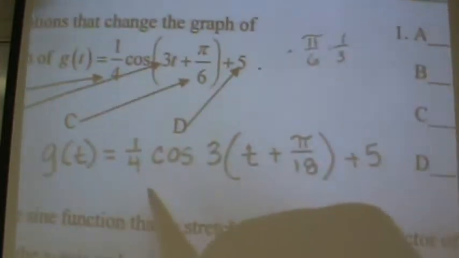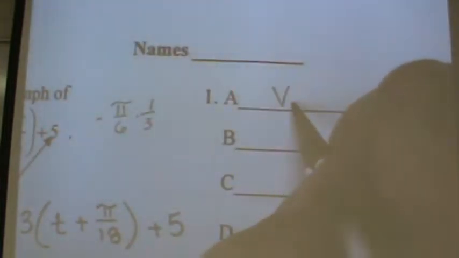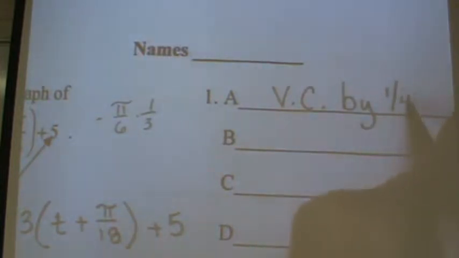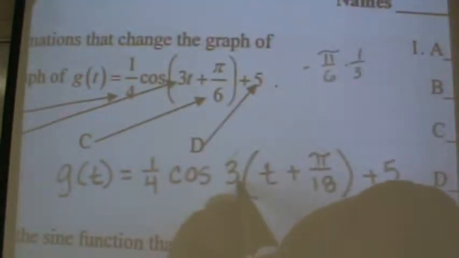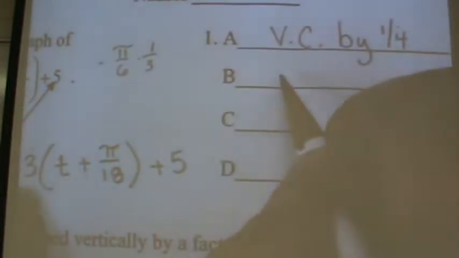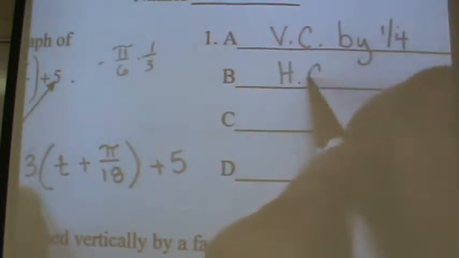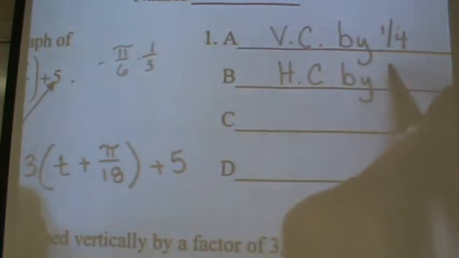So what are the transformations? The 1/4 is a vertical compression by 1/4. This, you flip it, you get 1/3. That would be a what? Horizontal compression by 1/3.